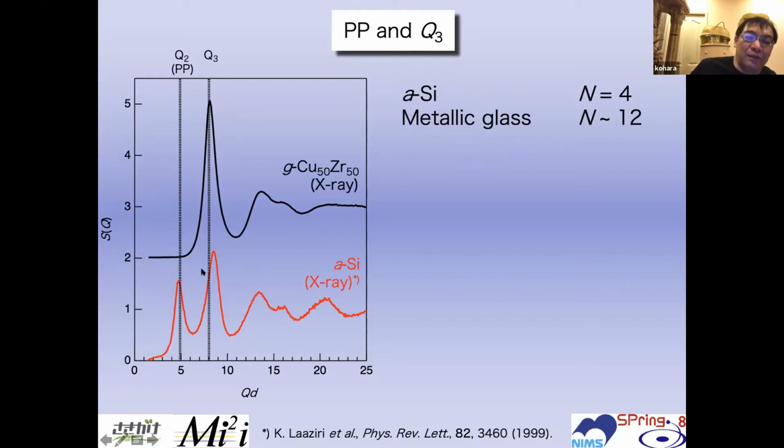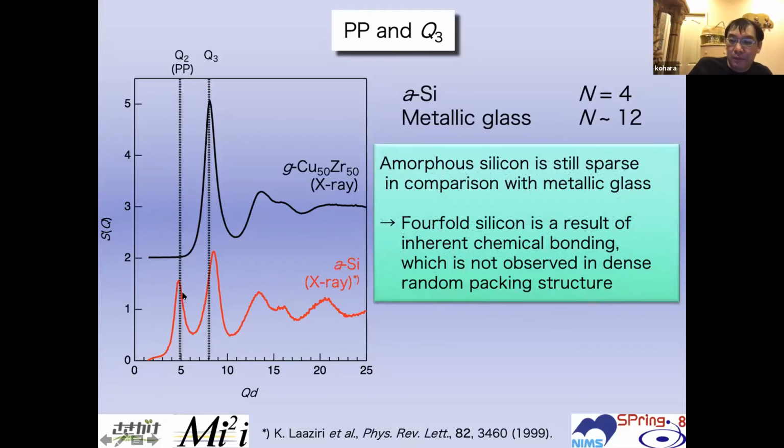That's the reason why we can observe principal peak. But fourfold coordination is a result of inherent chemical bonding, which is not observed in dense random packing structure in metallic glass. So I think this principal peak is a signature of the formation of chemical bond in amorphous phase.